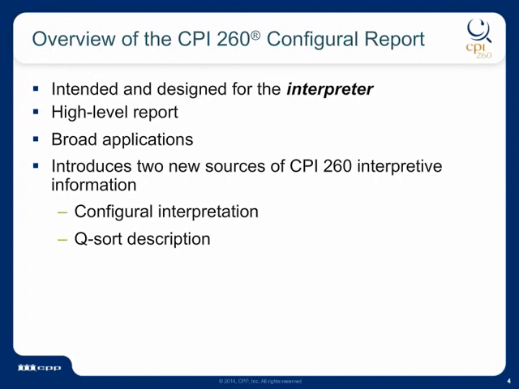Part 6 of the report presents even more information, an individualized Q-sort description based on the specific CPI 260 results. Together, these two sections will help you ensure that your interpretive comments are complete and that they embrace both the art and the science of the CPI interpretation.